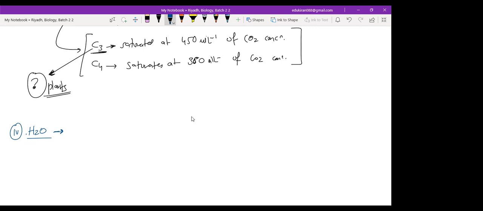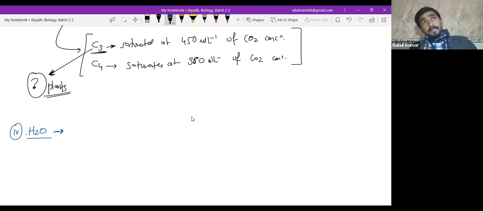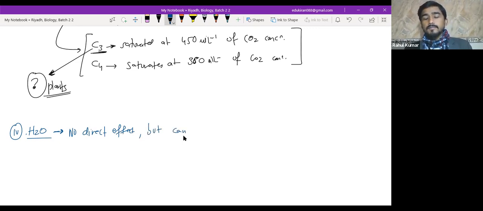So you can write down: water stress can also make leaves wilt, W-I-L-T, which reduces the surface area available for photosynthesis.